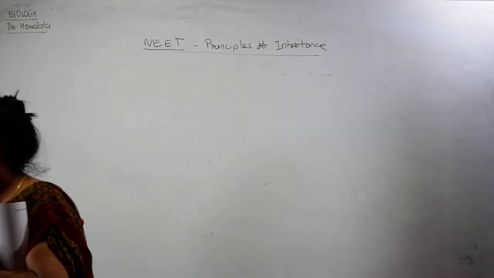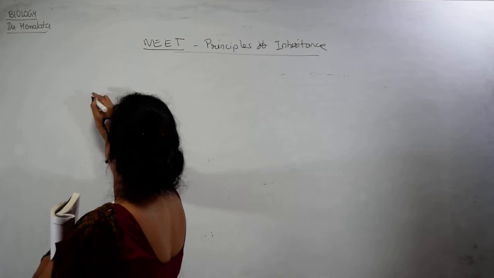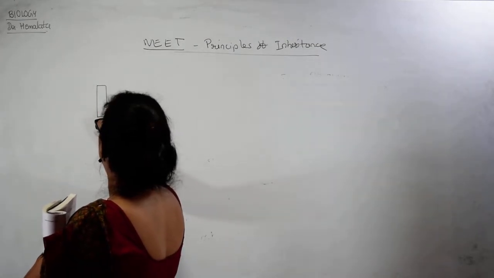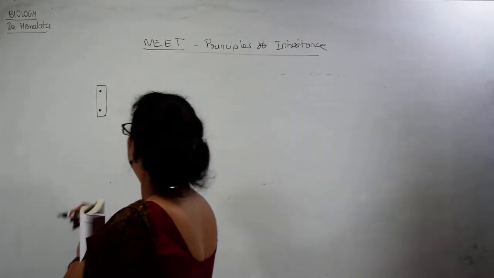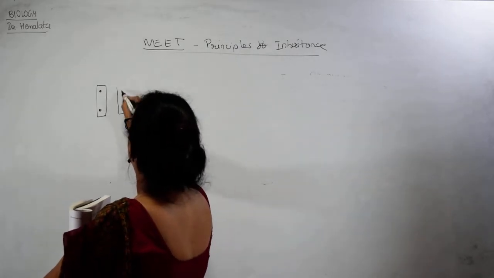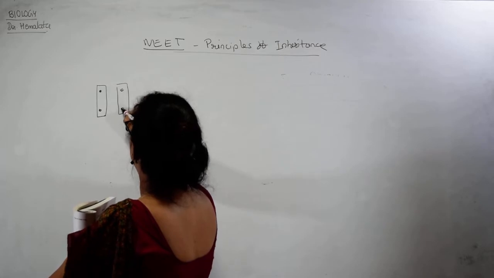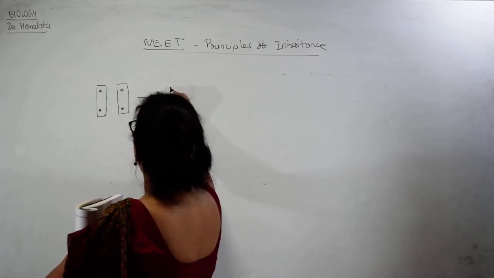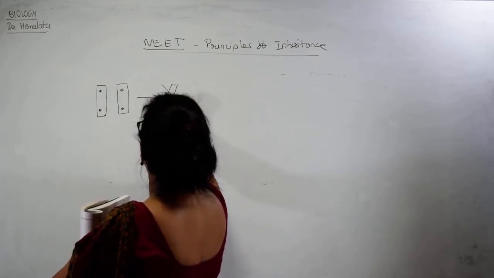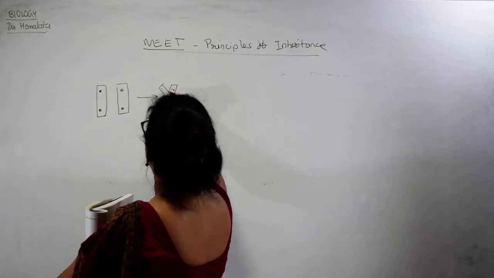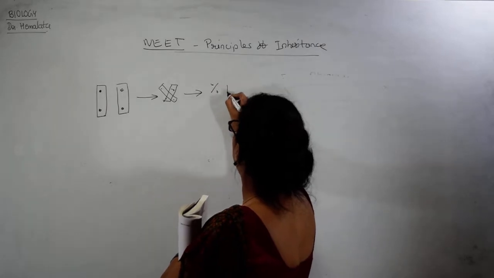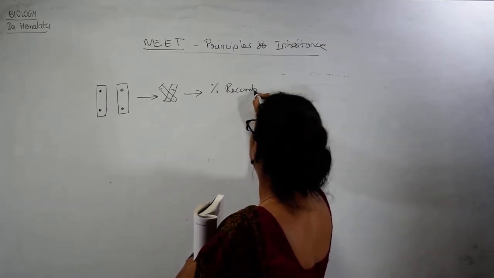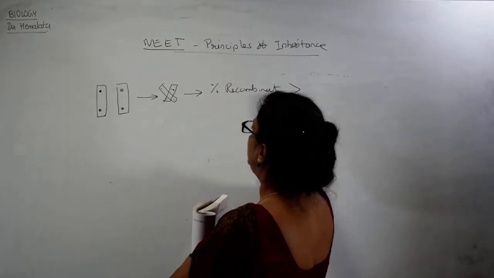Okay. So imagine this is one chromosome. If the genes are located far away from each other, although they cross over like this, what happens? Recombinations are more. If they are far away, the percentage of recombination is high.